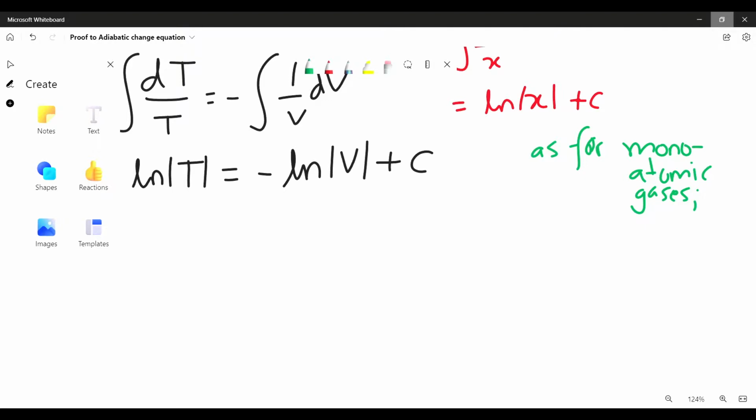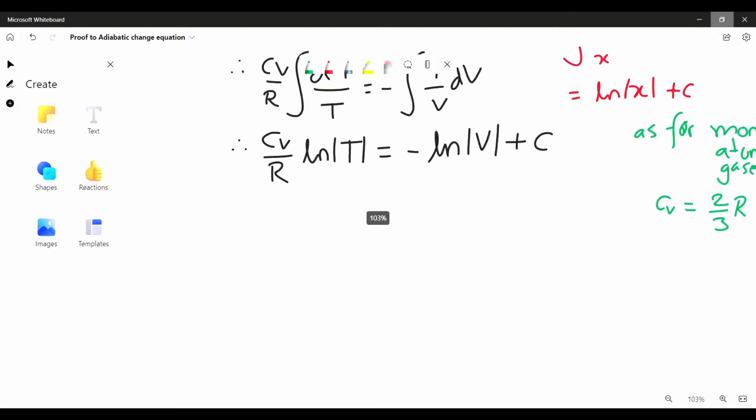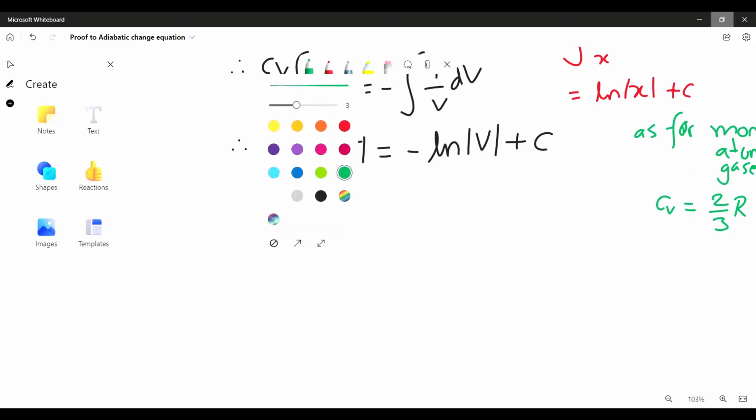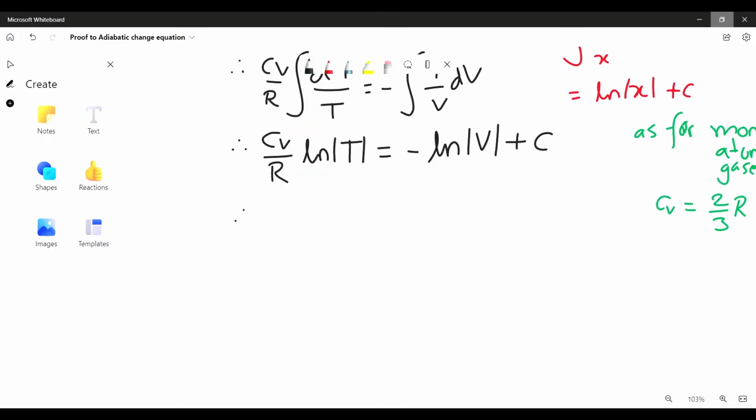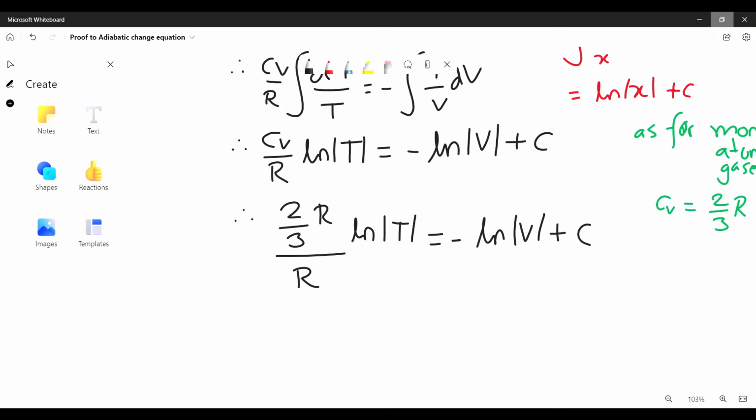We know that our molar specific heat at constant volume is 3 over 2 R. So what we can do is substitute that in, just to remove the R. So we get 3 over 2 R over R ln T equal to minus ln V plus C. And if we remove the R, we get 3 ln T over 2 is equal to minus ln V plus C.